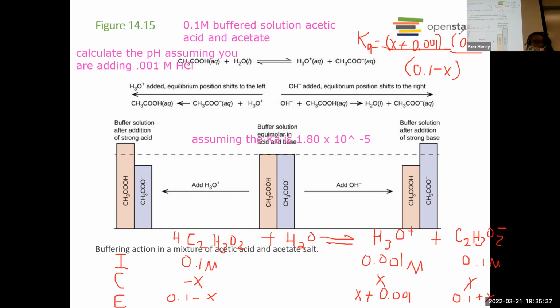Okay. How are you guys feeling? Are you getting it? You see how this works? Because the buffer solution is going to be in equilibrium in itself. That's what we're looking at initially, right?